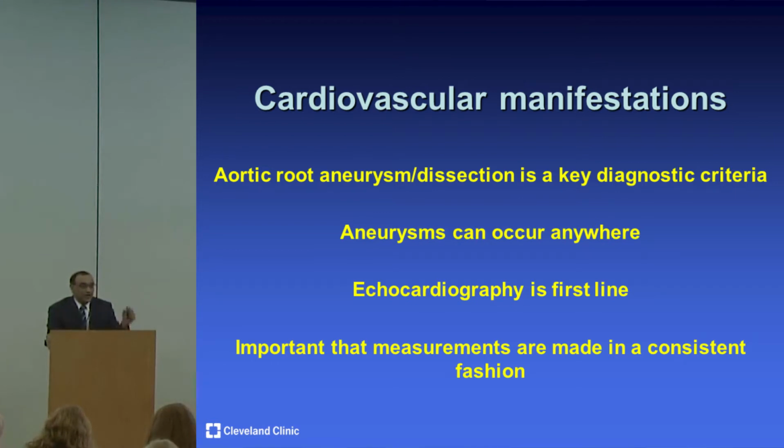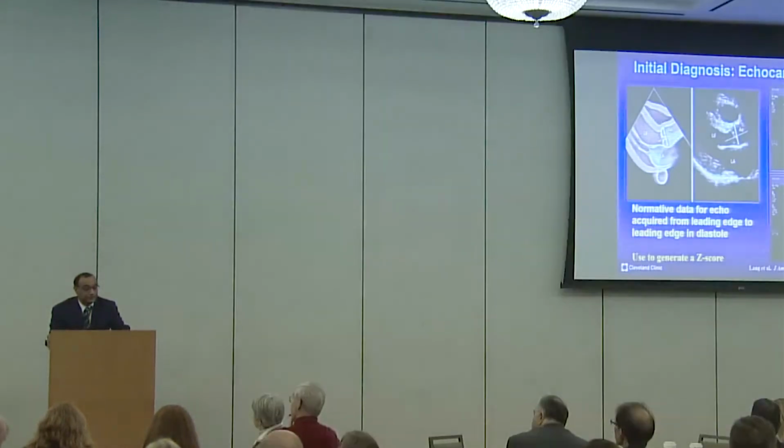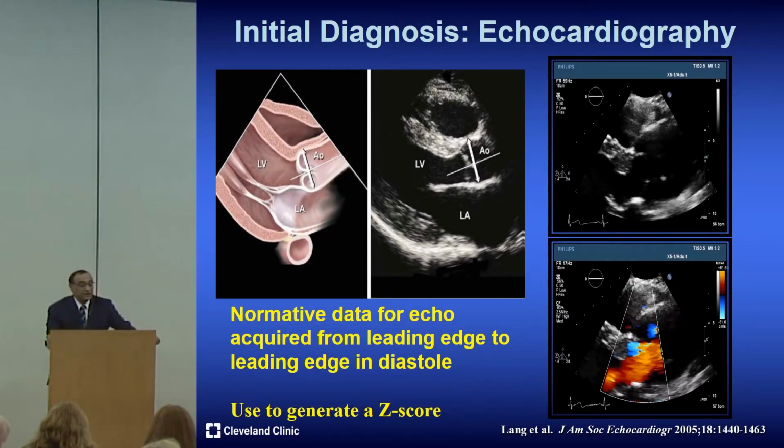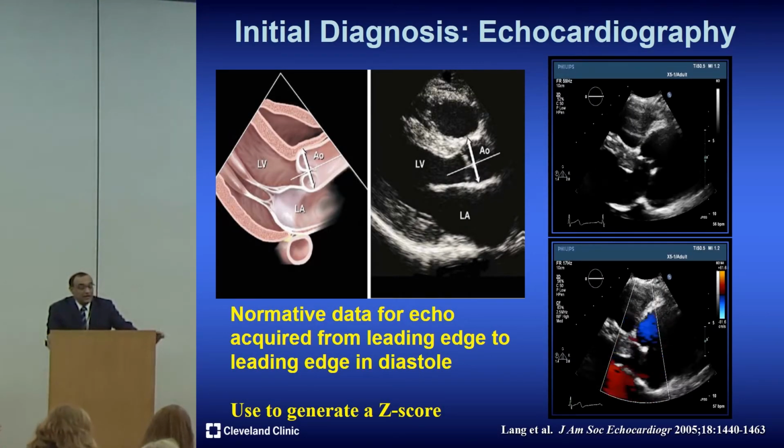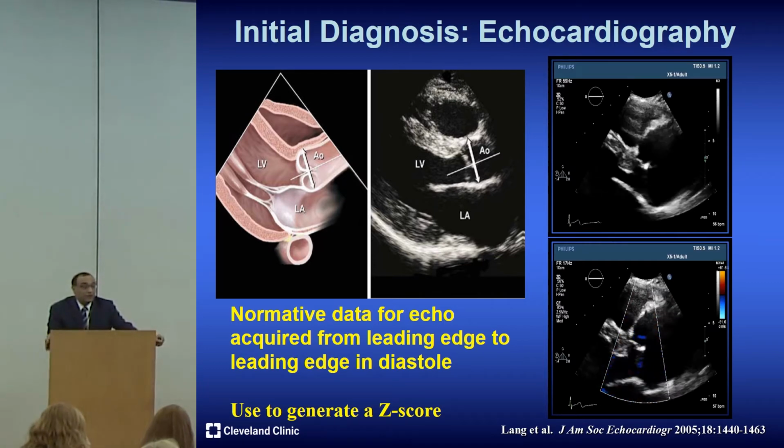It is crucial, as I'm going to go over in the next few slides, that the measurements are made in a consistent fashion and they're made right. Garbage in, garbage out. If you have bad measurements, you make bad decisions. That's not good. So as I alluded to, echocardiography is the initial modality.